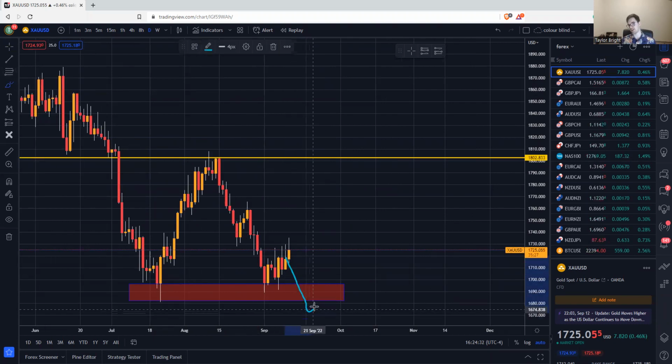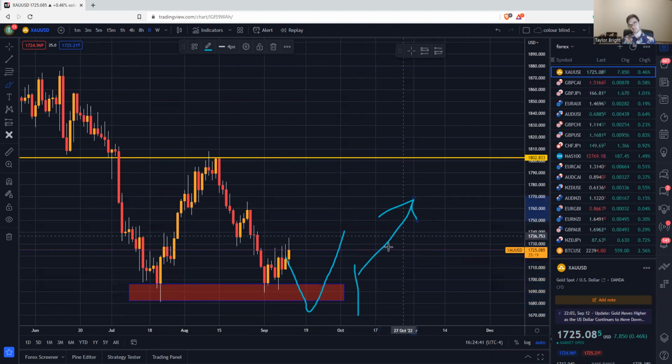So the bodies closed here and then came, which is much more unlikely than just throwing a wick and then going up. So if it threw a wick and then went up, that would be fine because you'd know about it. But if you're getting bodies closed below, then you're probably going to have issues.